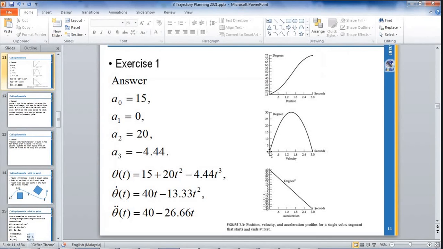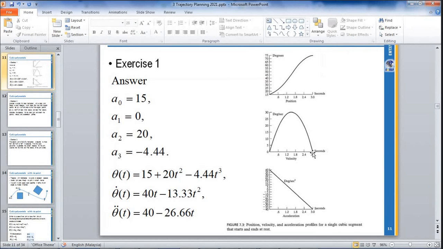This one is 0 degrees per second, your robot is stopped. This one also 0 degrees per second, your robot is stopped. But at this point, your robot turns at a velocity of 30 degrees per second, the maximum velocity.